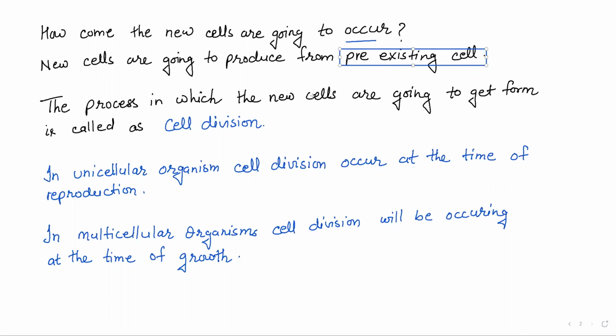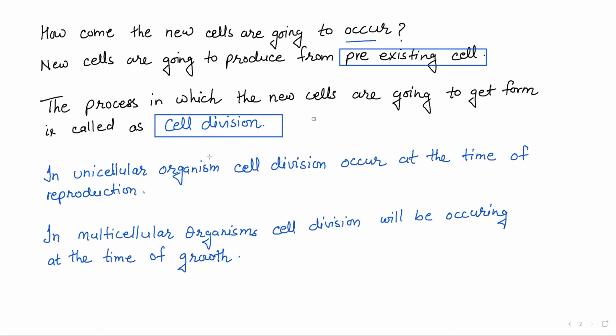And that particular process by which these new cells get formed is what is called cell division.